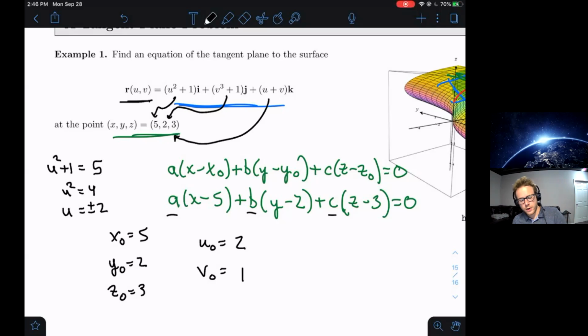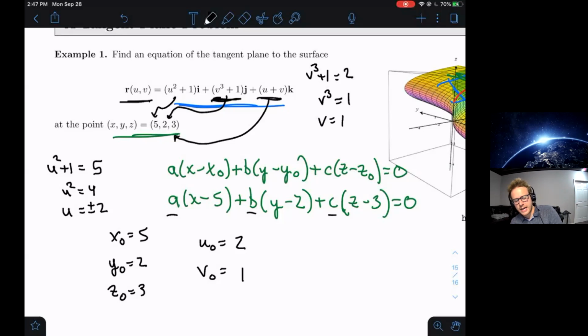Well, notice when you do the same sort of work for your Y coordinate, you get V cubed plus 1 is equal to 2. You get V cubed is equal to 1. And remember, square roots have this problem with the plus and minus. Cube roots don't. When you take the cube root of 1, it's just 1. So that we get that one definitively.